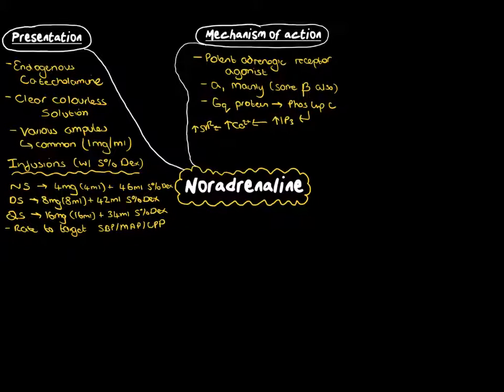It leads to an increase in phospholipase C, which leads to an increase in inositol triphosphate, leading to high levels of intracellular calcium, which leads to vasoconstriction and gives us that endpoint of the raised blood pressure and systemic vascular resistance. The beta endpoint on this is you get sometimes a little bit of positive inotropy and chronotropy, but it's very, very minor in the overall effects of the noradrenaline itself.